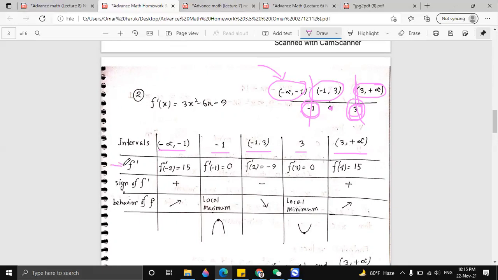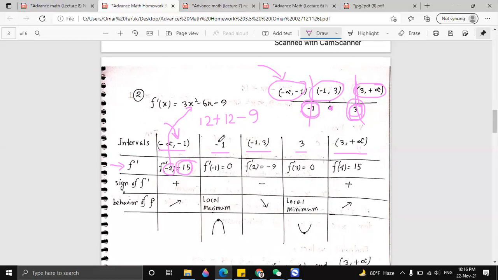Then we find the derivative value. I already told you, you can just take any number in between the interval. For example, I took -2, so f derivative of -2 is equal to 15. You just put -2 here: 3 multiply 4, that means 12, minus 6 into -2, that means minus and minus, plus 12, and -9, so it will be plus 15.